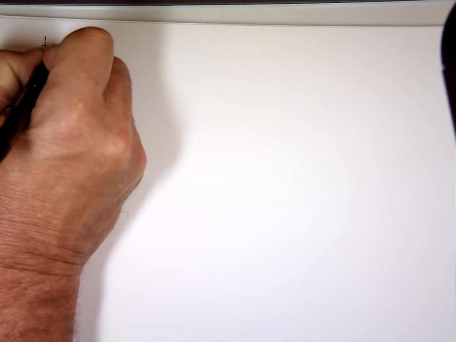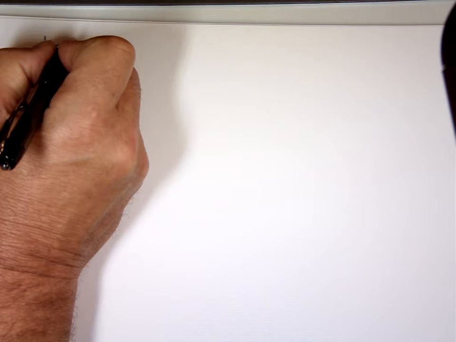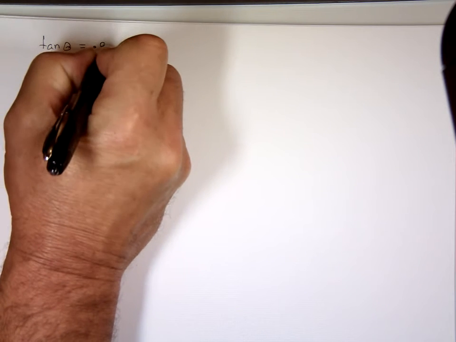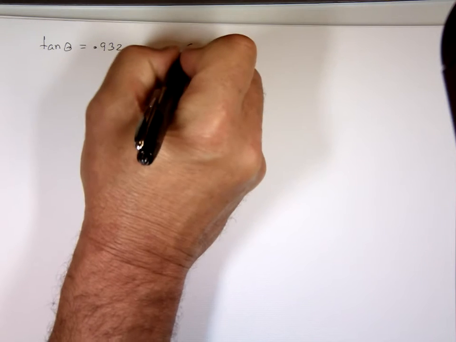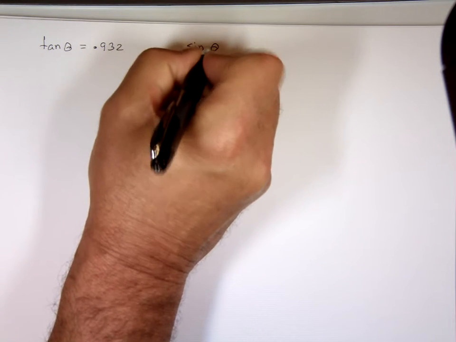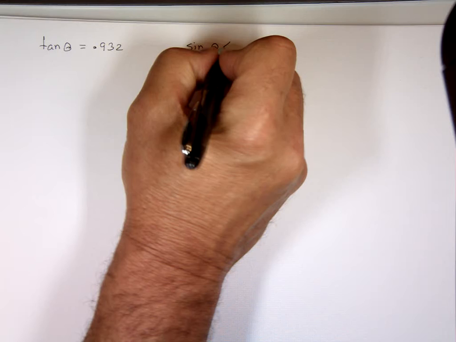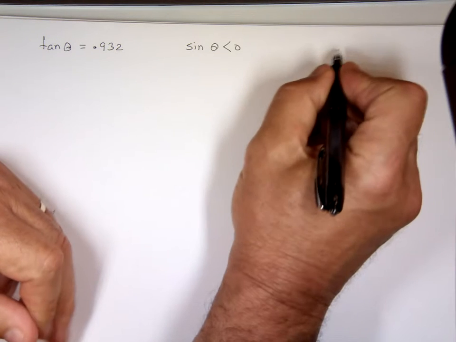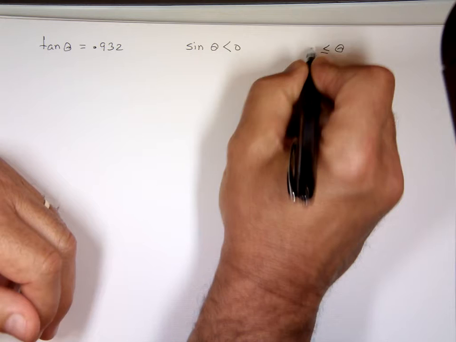Tangent theta equals 0.932 and sine of theta is less than 0. Theta between 0 and 360.